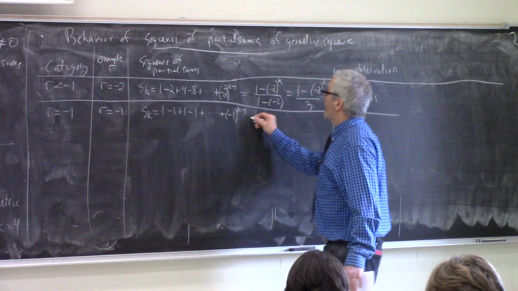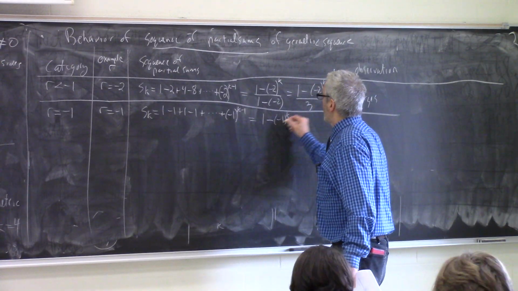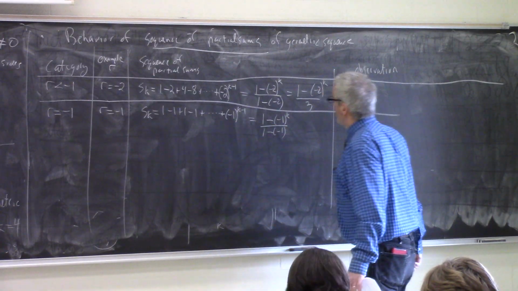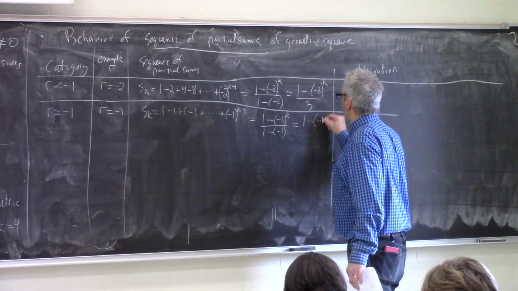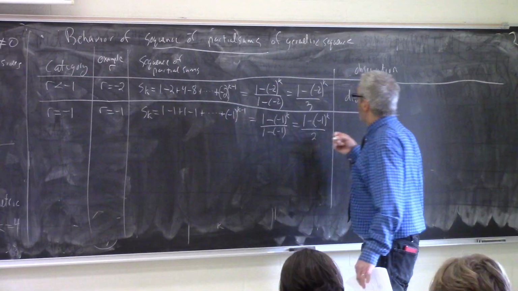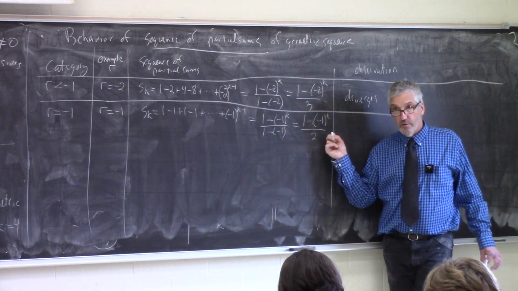Now we know a value for that. That's (1 - (-1)^k) all divided by (1 - (-1)), so in other words, (1 - (-1)^k) all over 2. Does this sequence converge or diverge?